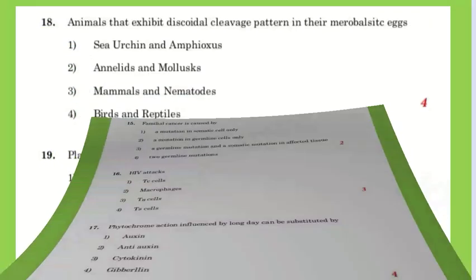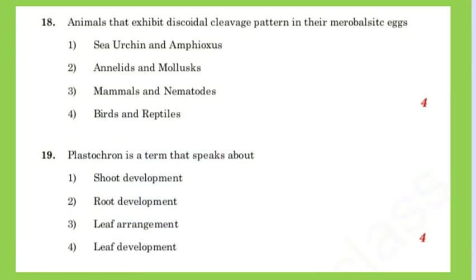Then the next question, animals that exhibit discoidal cleavage pattern in their meroblastic egg.